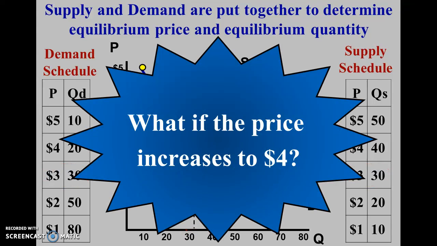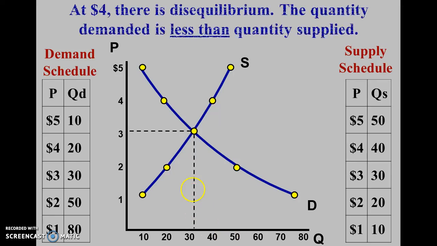What if the price goes up? The supplier says, wow, people really like my item, so I'm going to raise my price. If the price goes up, we refer to that as disequilibrium. Nothing changed, just the price. At a price of $4, we come over to our demand curve and our quantity demanded is now 20, because at $4 fewer people want to purchase that item.